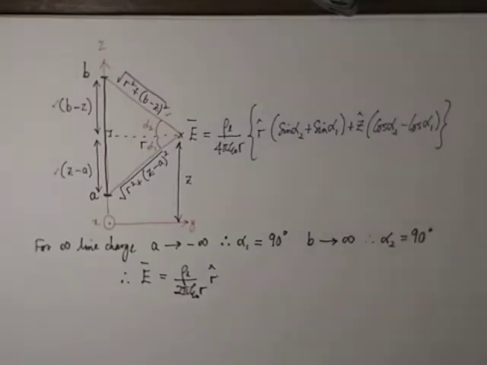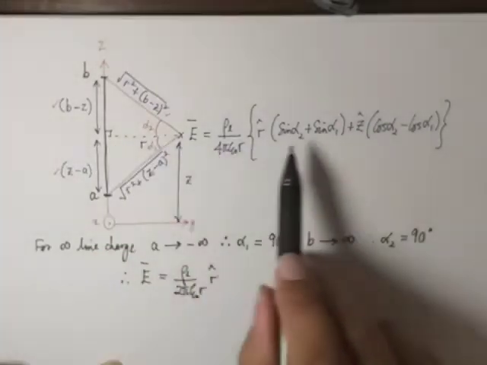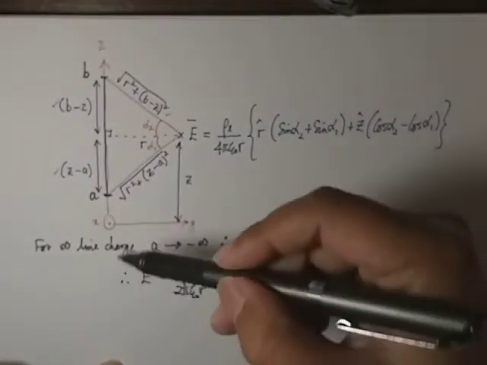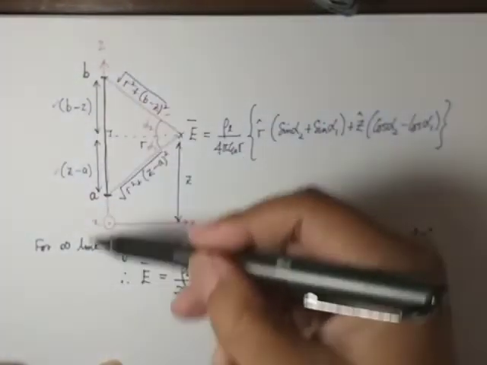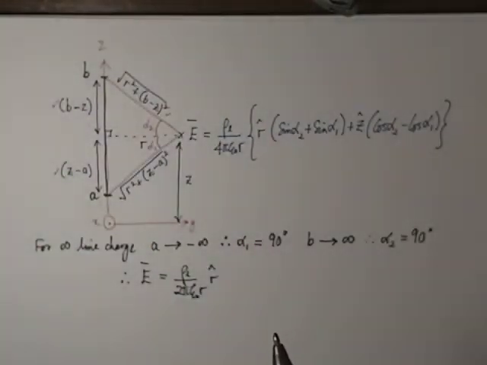So what we can say, when you have infinite line charge, the only component of the field generated is the one orthogonal to the line charge. Only this term appears to exist, and the parallel component is eliminated due to the infinite nature of the line charge.